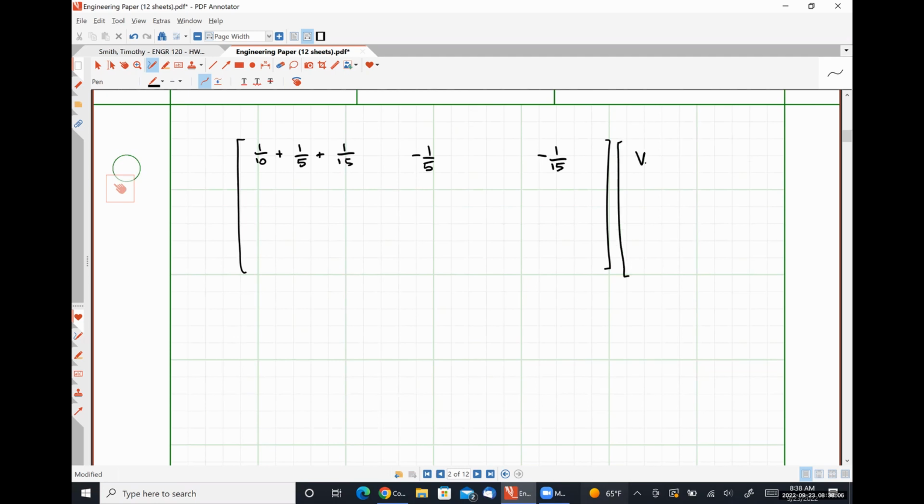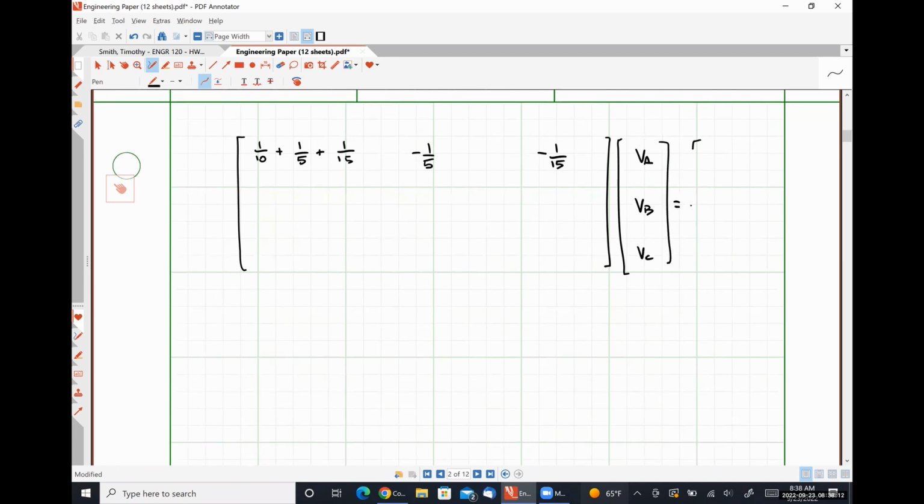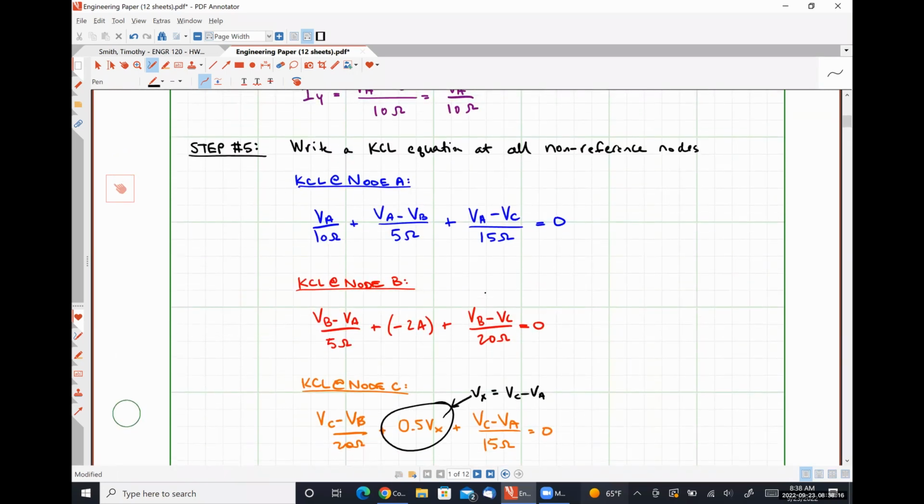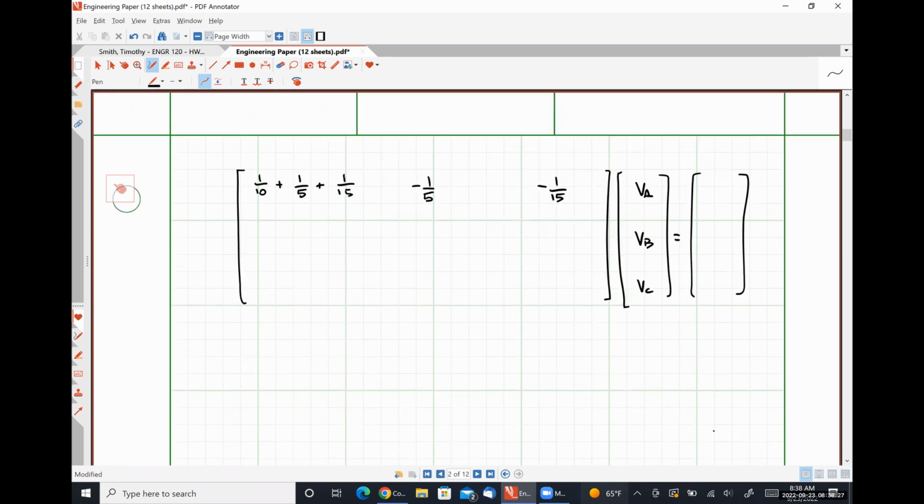This matrix is going to be VA, VB, VC. And this column is where we're going to put our constant terms, right? So there are no constant terms in our KCL at node A equation other than 0. So on the right-hand side here, this guy is going to be 0.